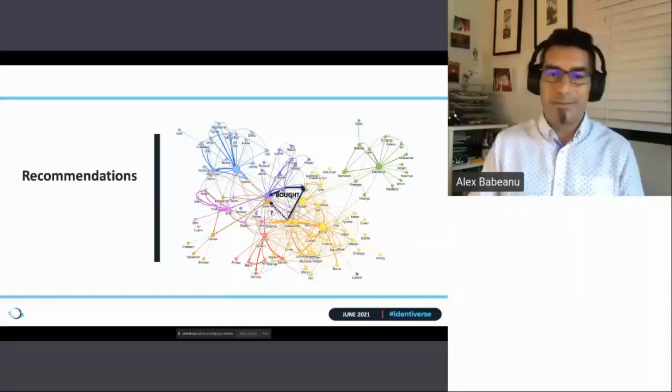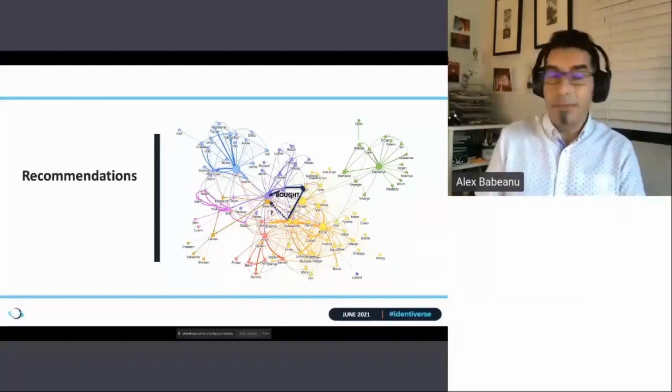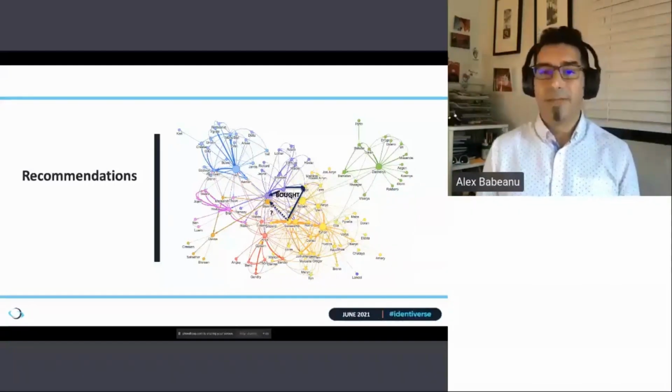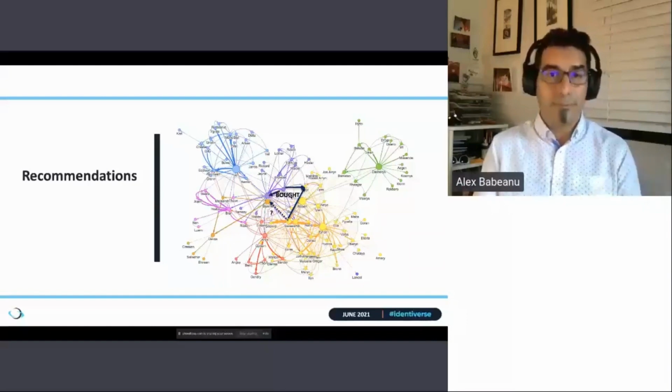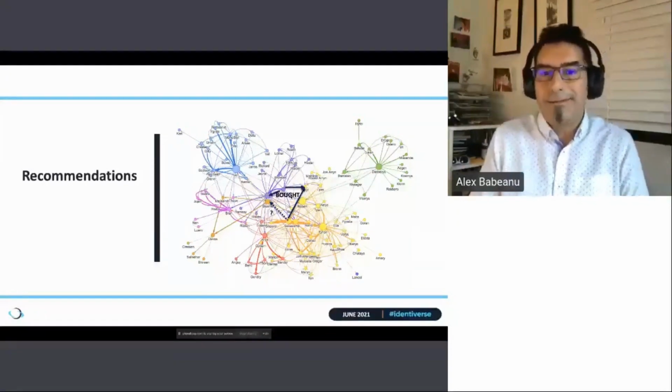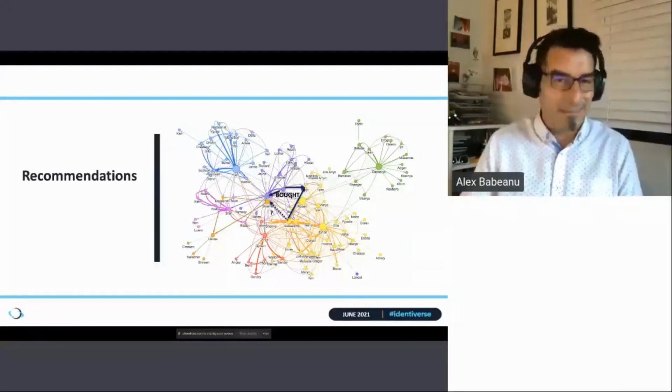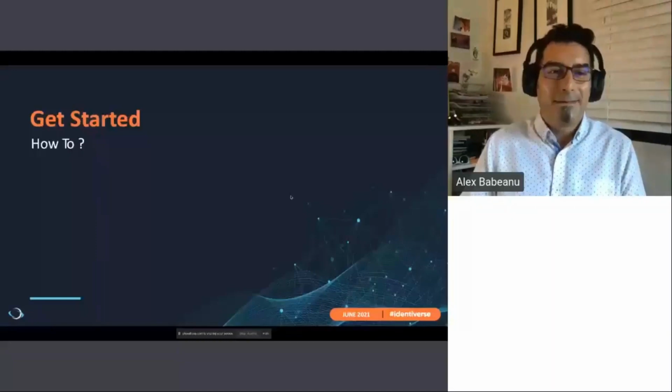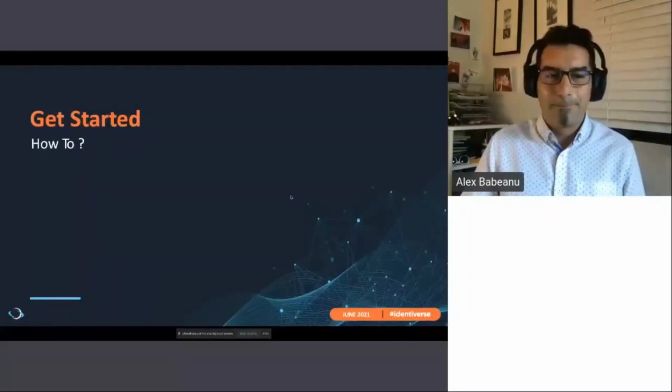If a user has this and that entitlement, maybe we can recommend some entitlements to a user. All of these things are pretty well suited for graphs. Graphs are actually used a lot of times just for that use case. And so it's about time that we should empower our identity professionals to use those types of techniques as well. So how to get started with graph then?